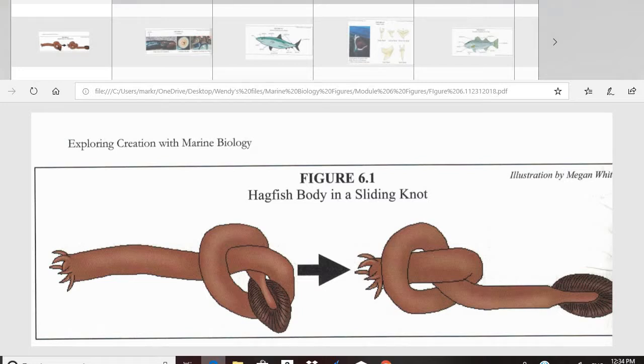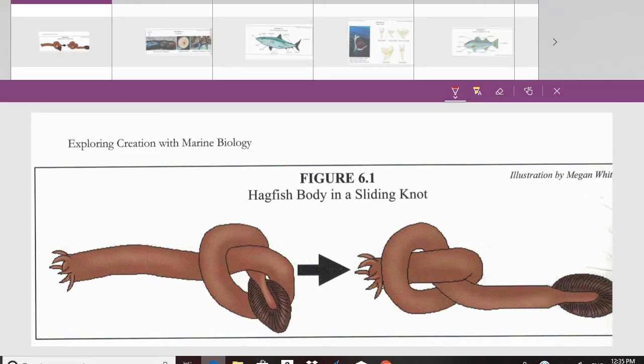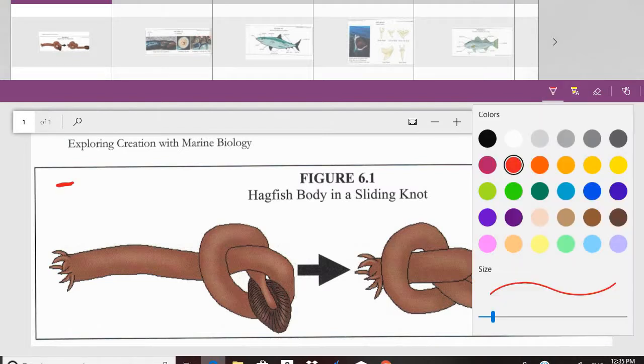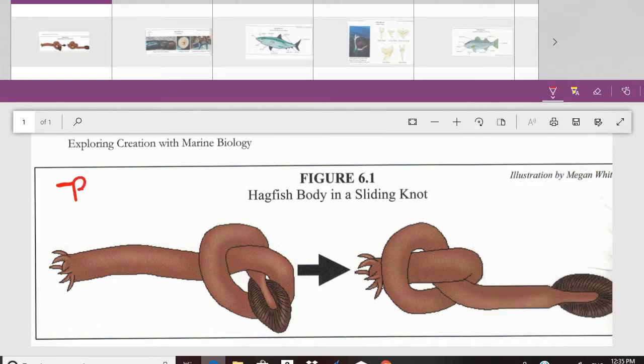And the interesting thing about this hagfish is that they actually bore into their prey, and then once they've bored into it, then they can consume it. So what I want you to remember about the hagfish is that they bore into their prey. So you can see these structures here that are used for that boring mechanism.